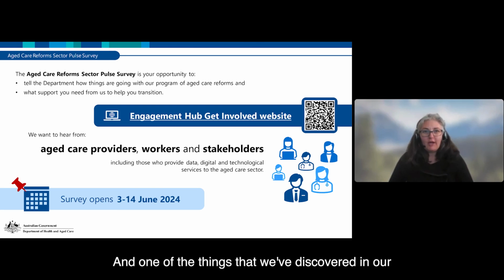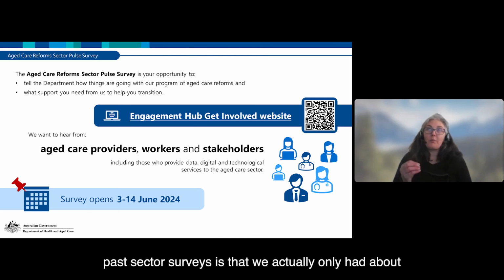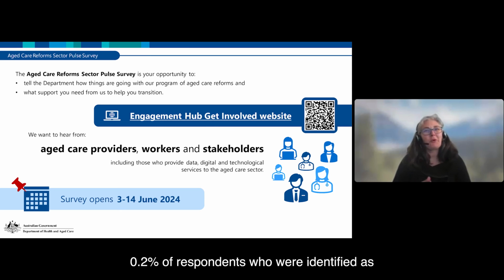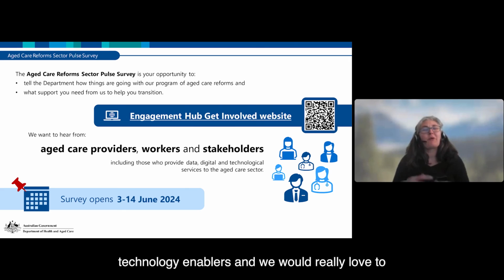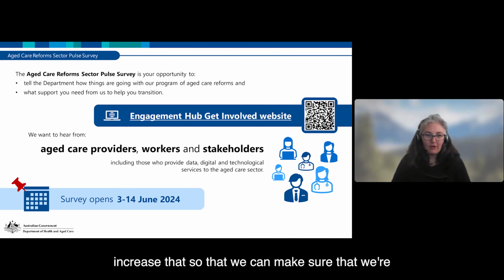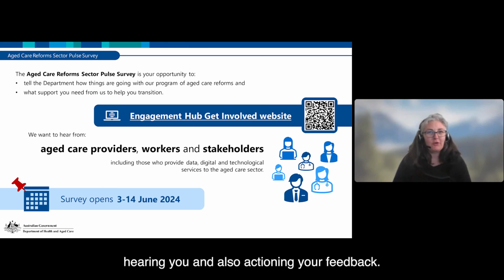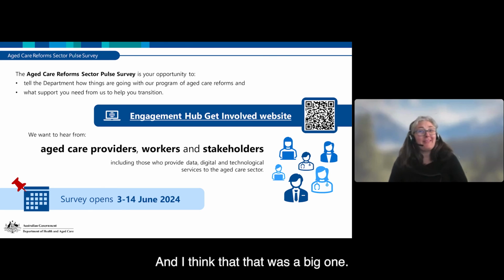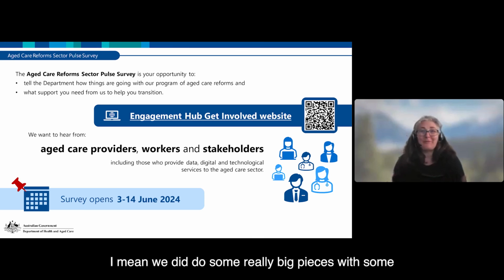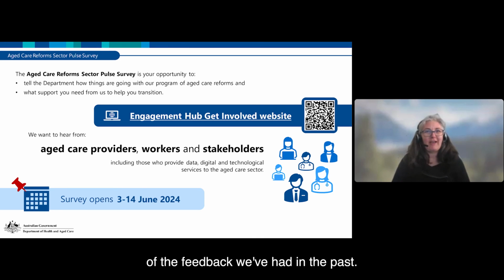As an example, one of the things we discovered in our past sector surveys is that only about 0.2% of respondents were identified as technology enablers. We would really love to increase that so that we can make sure we're hearing you and actioning your feedback. We have done some really big pieces with the feedback we've had in the past.